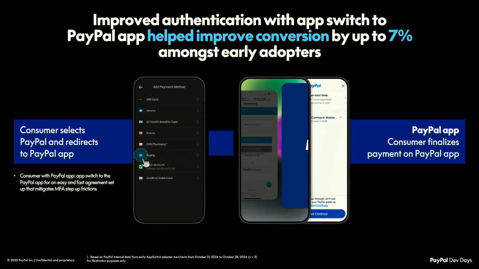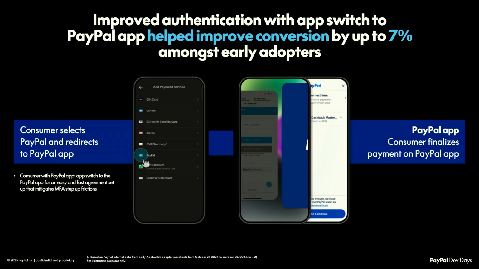For those users we've recommended where you choose PayPal, we've seen some indication behind the scenes that there's a high likelihood that you have the PayPal app installed. And if you have the PayPal app installed, why are we asking you to do a login experience? So what we are helping you do here is eliminate the login friction. And when we tested this out with some early adopters, we saw about a 7% increase in our conversion rates just in this part of the funnel.